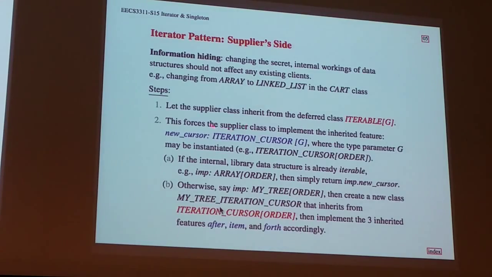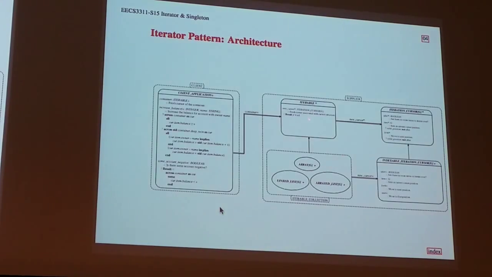Okay, so we first have to inherit the cart from the iterable. For example, iterable of order, and then we have to define a new cursor, right? As I said before, if you refer back to this diagram here, if you inherit from iterable, the only deferred feature there is new cursor.